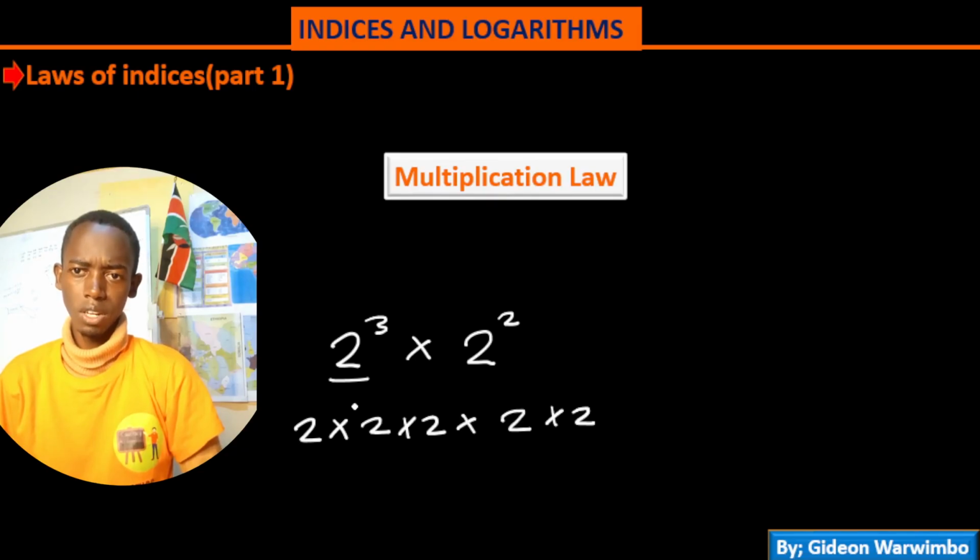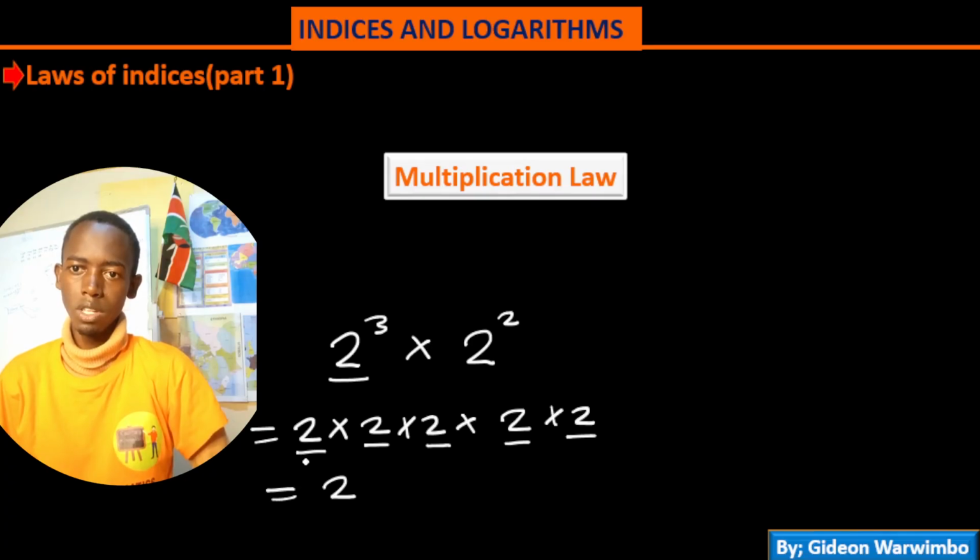If we simplify this using the knowledge we have acquired so far, the whole multiplication would be equivalent to 2 to power something. But how do we get that power? We get it by counting the number of times 2 has been multiplied by itself. We have the first multiplication here, the second, the third, the fourth, and the fifth.